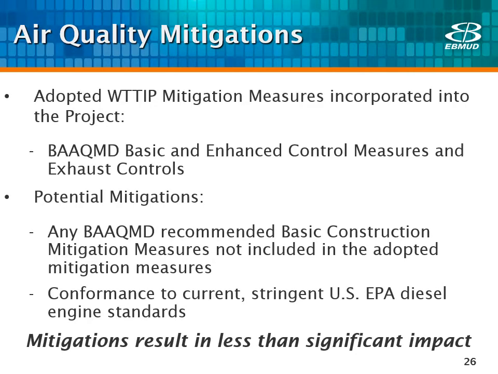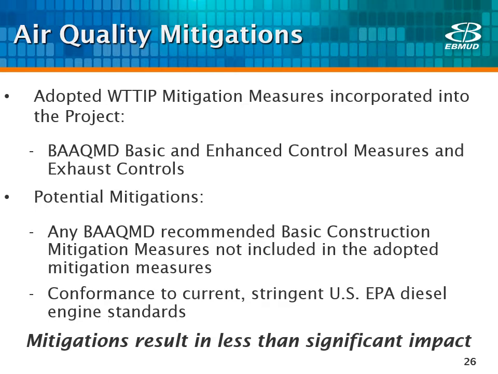We have already incorporated into the project several mitigation measures, including BAAQMD basic and enhanced control measures, including street sweeping and limiting diesel engine idling times for construction vehicles. We are also adding any BAAQMD recommended measures that have not already been adopted, including watering exposed surfaces daily.